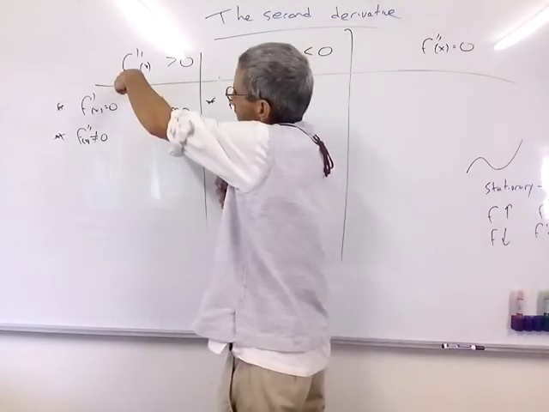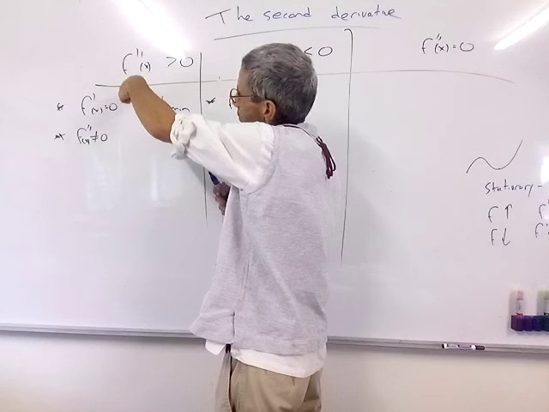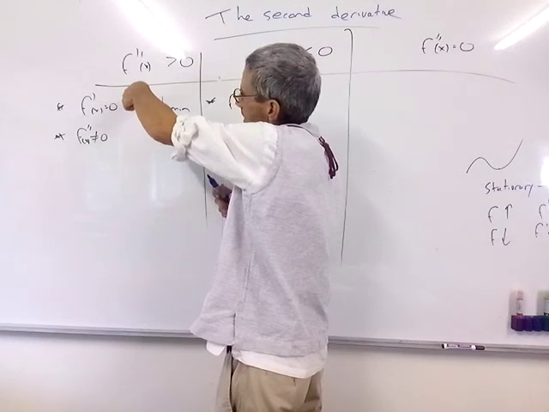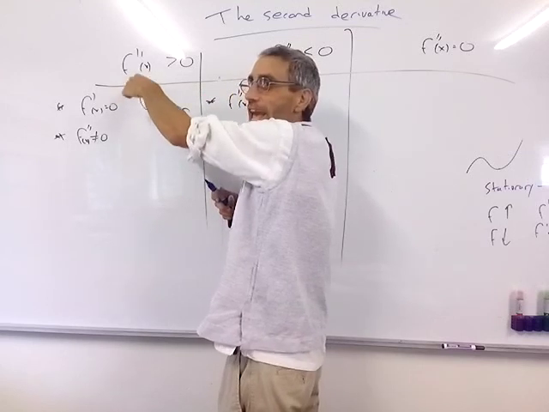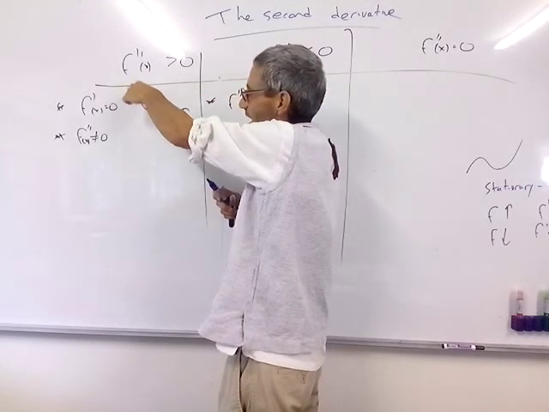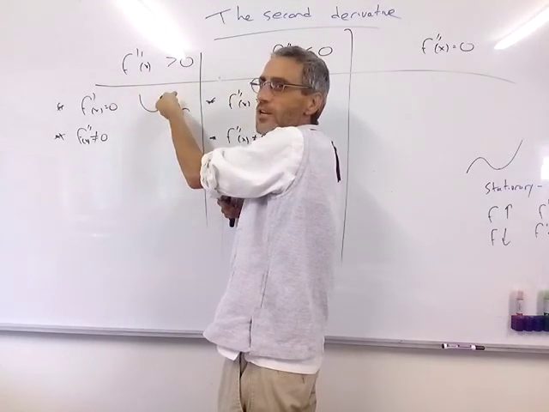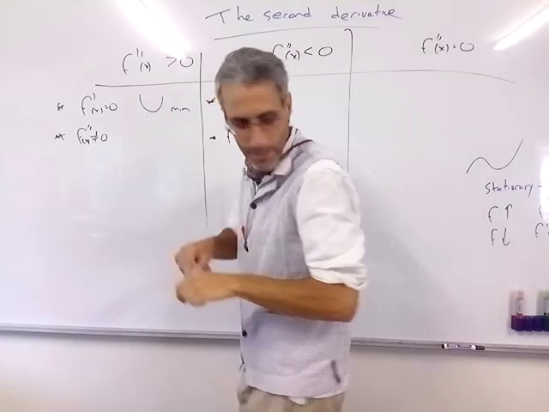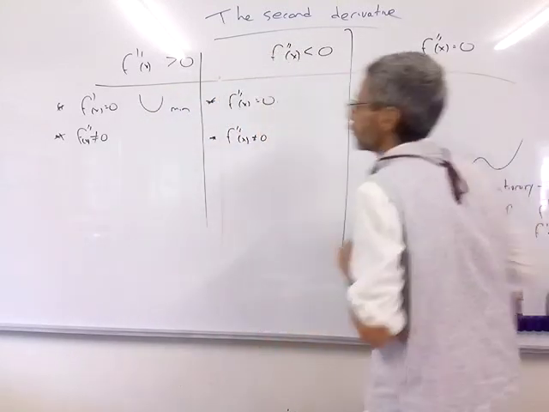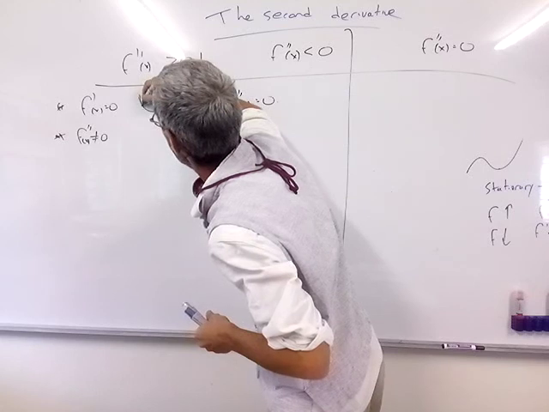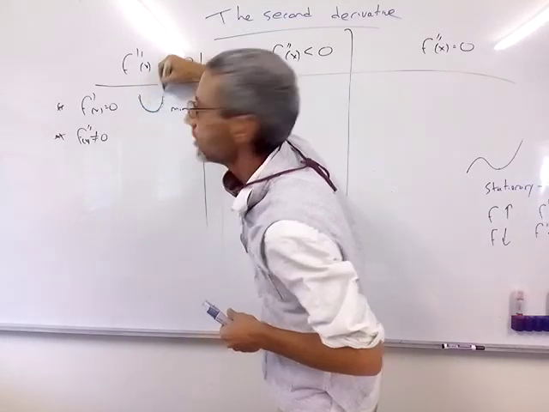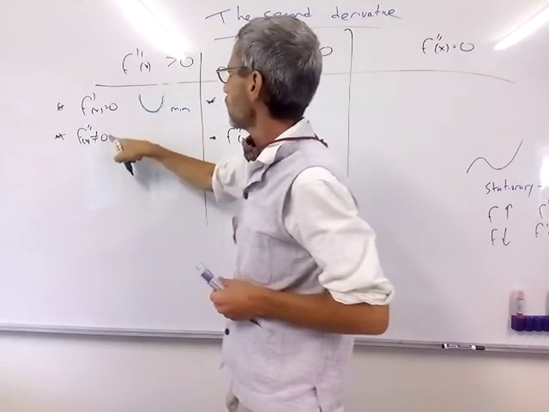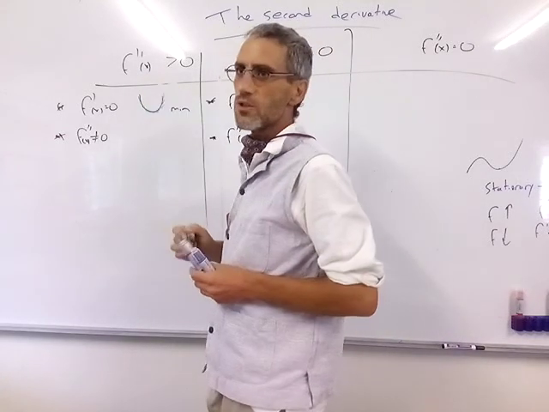But if you look at what happens to the first derivative here, the function f is decreasing, and then it's increasing. What's happening to the slope, the gradient, the first derivative? It's negative, becomes closer and closer to 0, and then becomes positive. So the second derivative is actually positive.